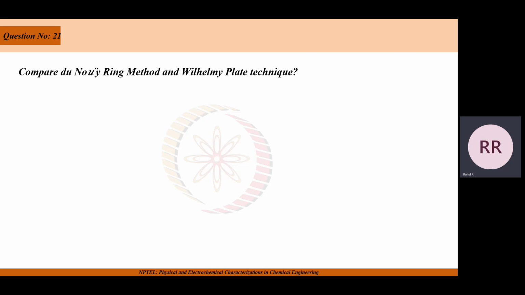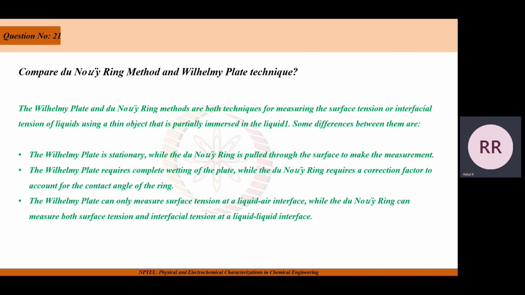The major comparison between these two techniques: both are preliminary techniques that are majorly used for measuring the surface tension or interfacial tension of liquids by using a very thin object that is partially immersed in the liquid. Some differences between them: the Wilhelmy plate is stationary, while the Du Noüy ring method is pulled through the surface to make the measurement.